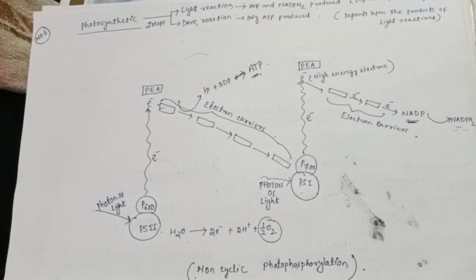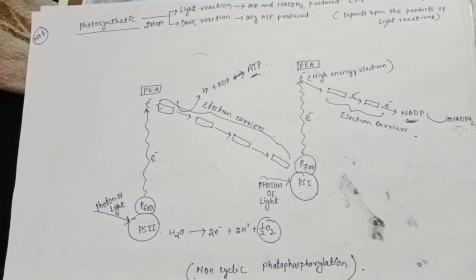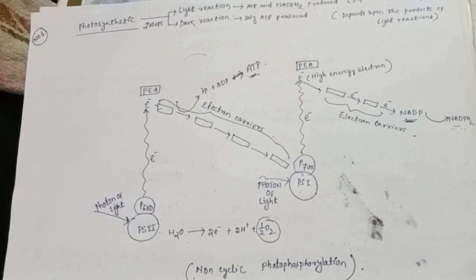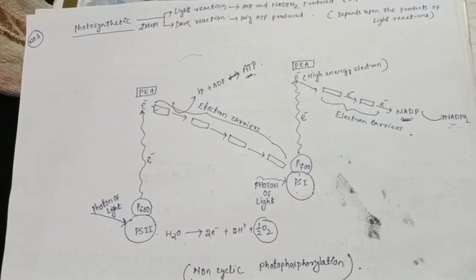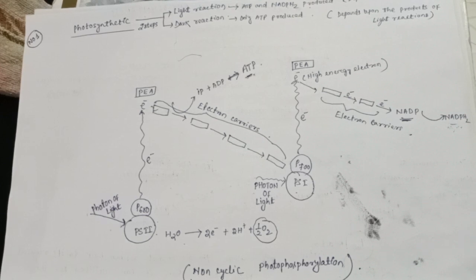Okay, during the flow of electrons in the light reaction, two mechanisms are seen inside the thylakoid membrane. In one mechanism, the electron released from the reaction center cannot return to its original place.